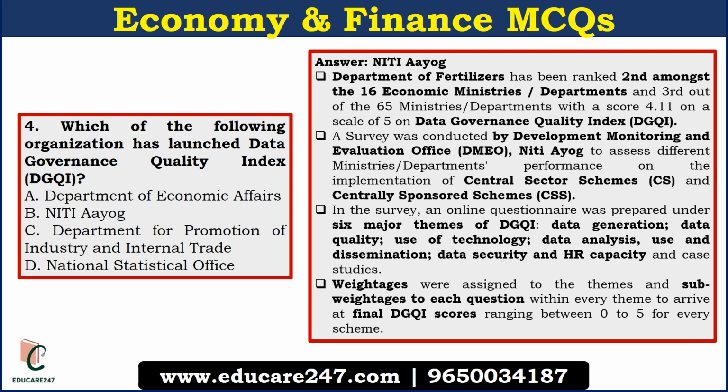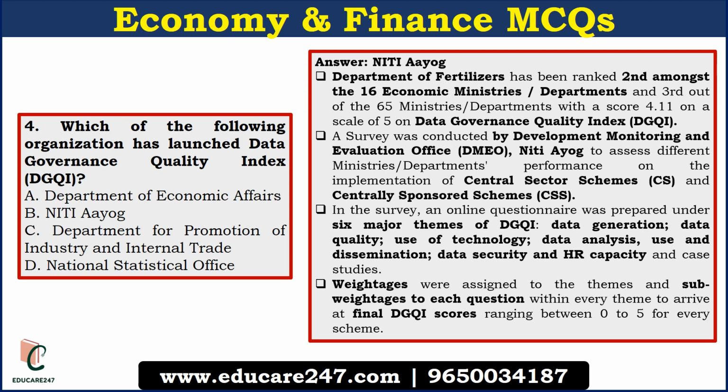Here the performance of ministries and departments has been assessed on the basis of how they are implementing central sector schemes and centrally sponsored schemes. In the survey, an online questionnaire was prepared under 6 major themes of data governance: data quality, data generation, use of technology, data analysis, use and dissemination, data security, and HR capacity.